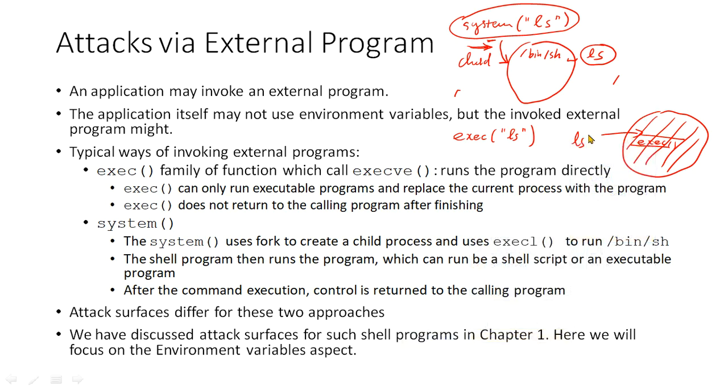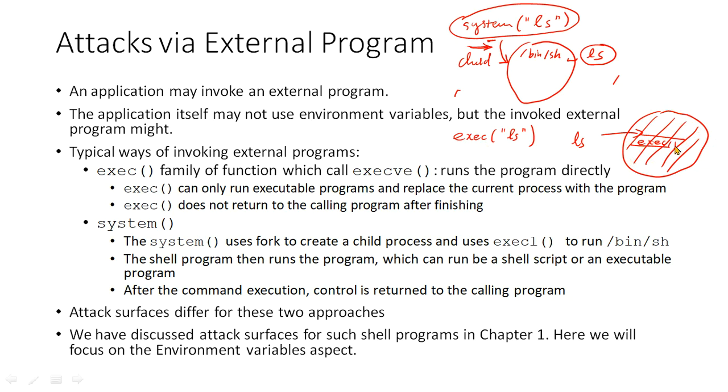So that's why when this process runs, it doesn't inherit all the environment variables of the parent process, of the original process. Only selected environment variables are passed to the new process. And when this process finishes, it doesn't return to the original program because the original program is already overwritten by the new process.